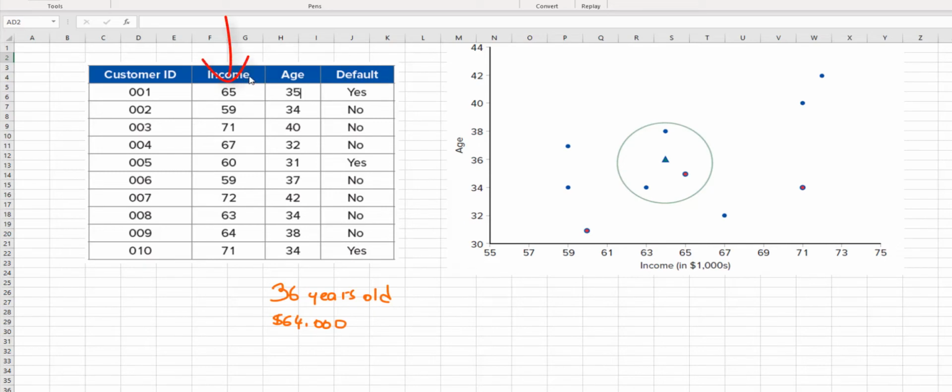Here the income value is in $1,000, along with age characteristics, as well as whether or not the customer defaulted on the loan. The KNN algorithm works by identifying a number of existing observations, here past applicants, that are most similar to the new observation, which in this case is this person, 36 years old, with an annual income of $64,000.